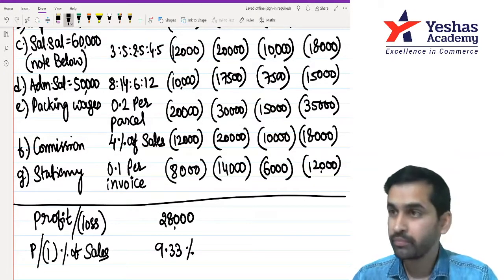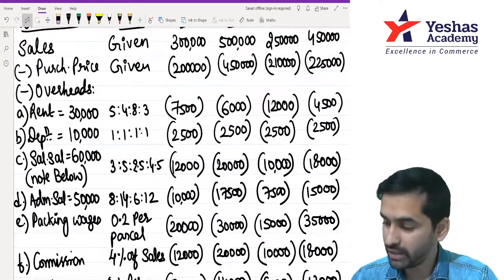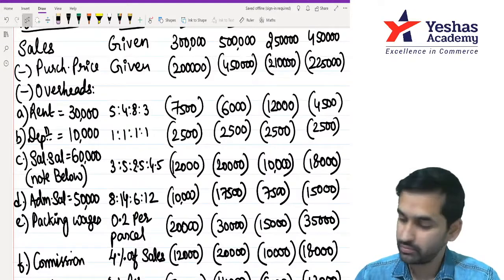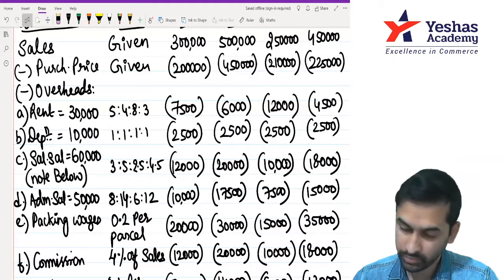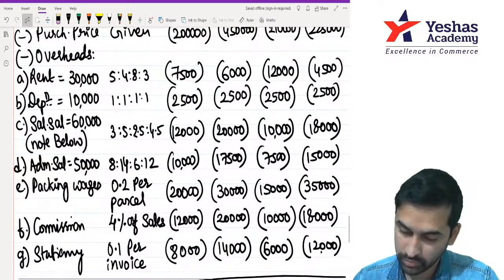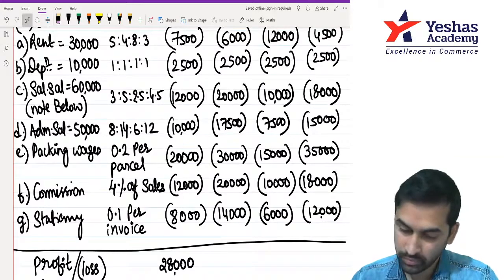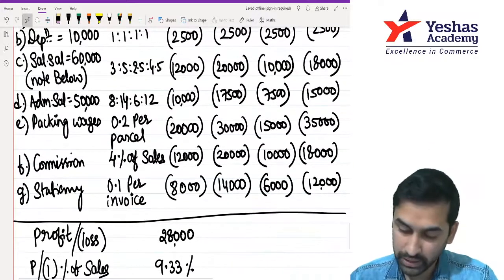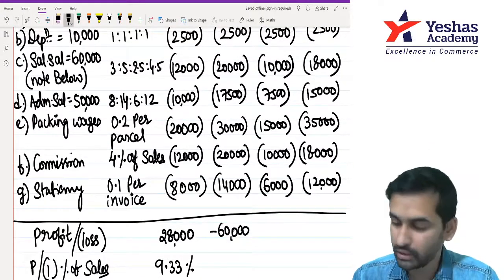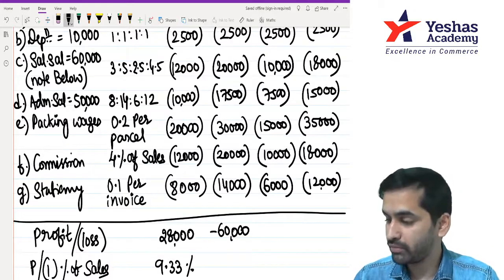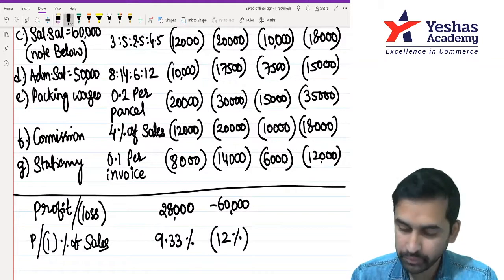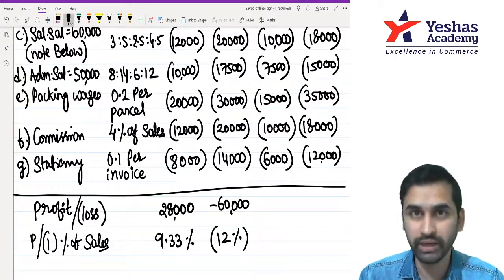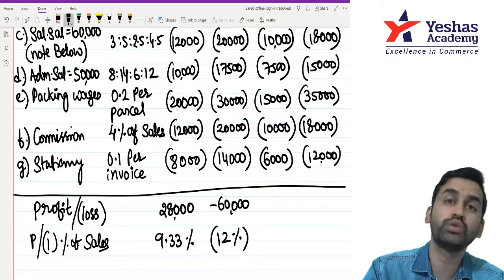Second one, start from 5 lakh minus 4,50,000 minus 6,000 minus 2,500 minus 60,000, basically loss. Divide that by 5 lakh into 100, it is 12% negative. 12% on sales. You have to divide it by sales because question says profit or loss to sale.